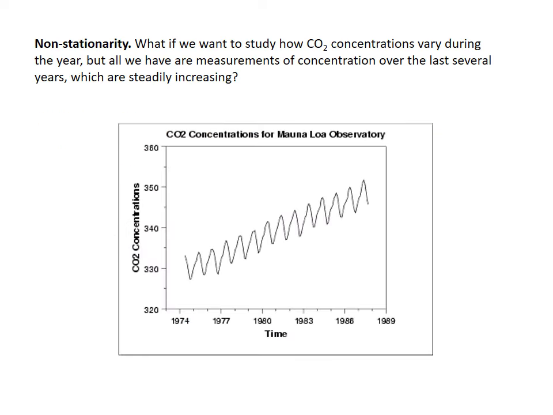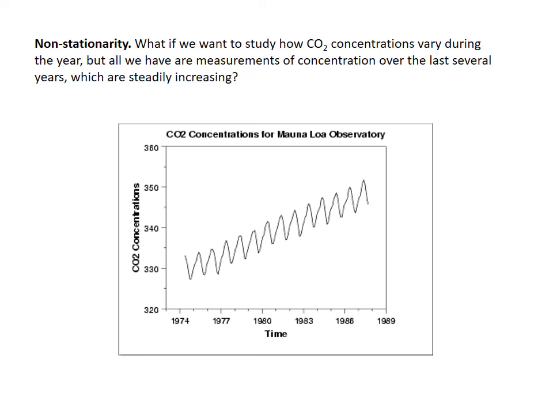So here's an example of what we call non-stationarity, and it's sort of the classic example, which is CO2 concentration. You may, in other classes, hear the term climate non-stationarity, and all that means is that whatever mean trend in temperature, precipitation, or anything we assume to exist based on historical data is not really stationary, right?